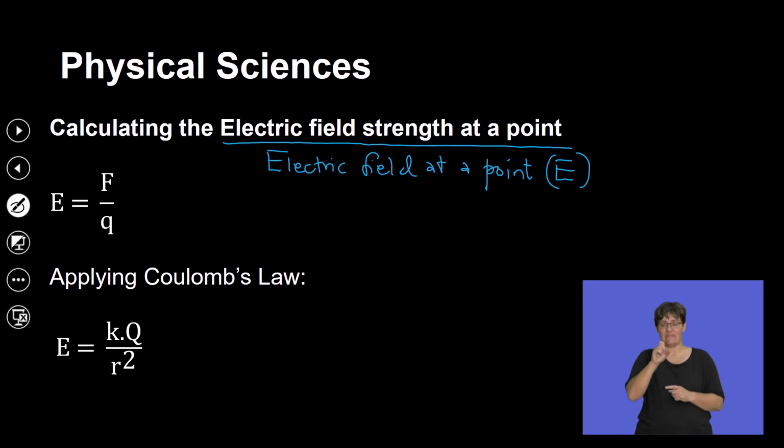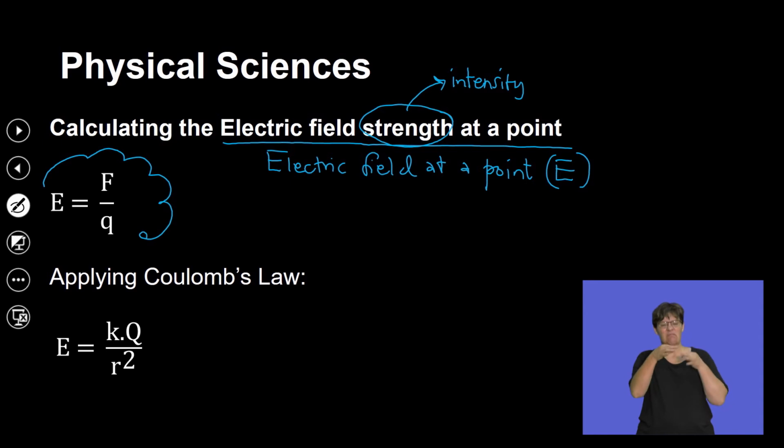So the emphasis on direction cannot be overemphasized. And then when we talk about strength, we would alternatively be referring to the intensity. Okay, we're still talking the same language. We're still talking about the intensity of the field. How strong the field is an indication of the force experienced by a unit positive charge at that point, right? So from the definition, we know that electric field at a point is actually force experienced per unit positive charge.